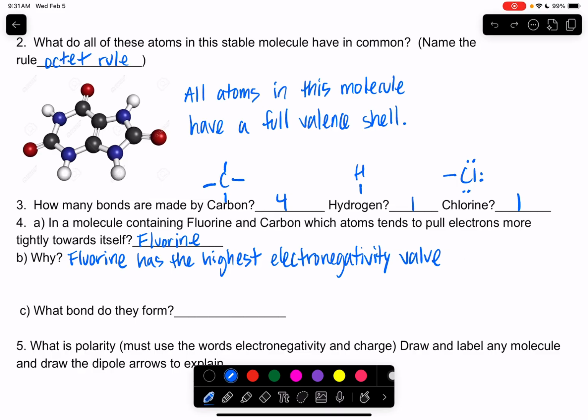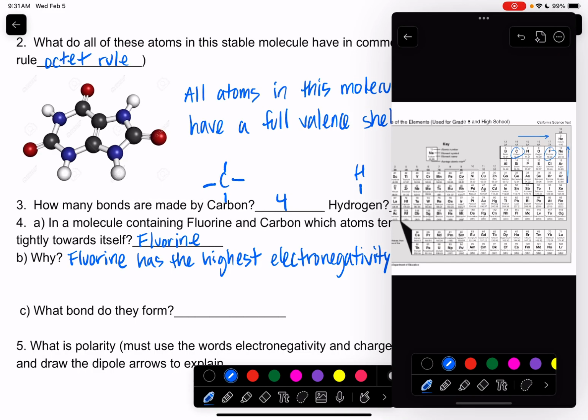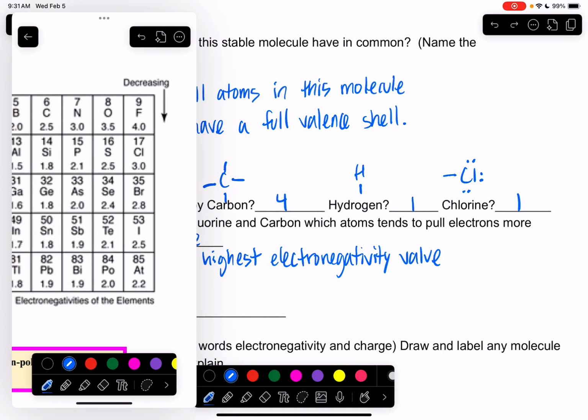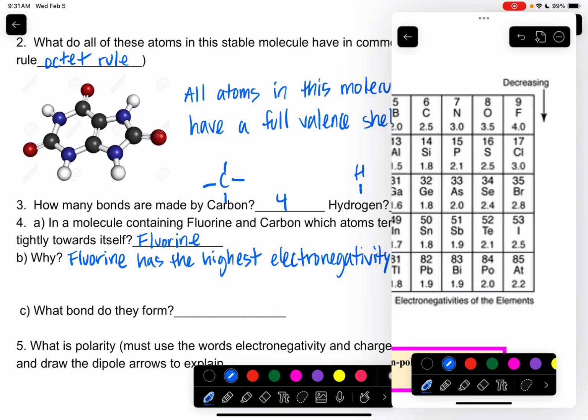And if you have your electronegativity chart, you can actually place those values. So fluorine 4.0 compared to carbon, which is 2.5.